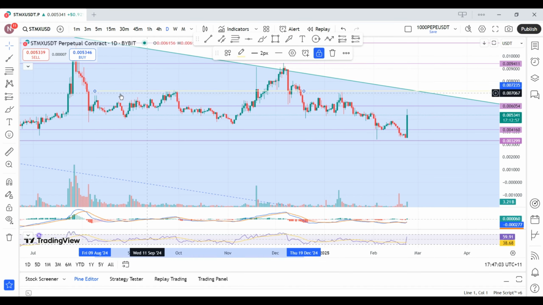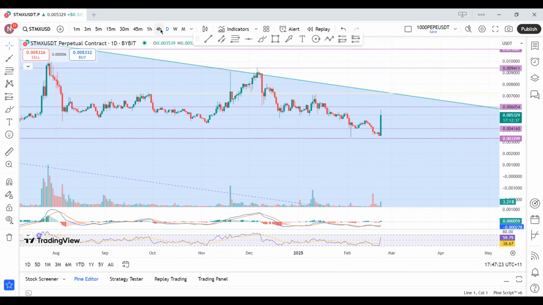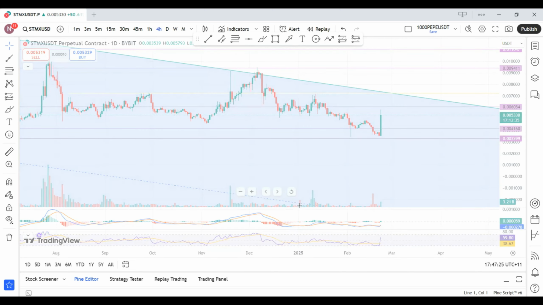Yep, so that's just one of the other resistance lines that I can draw. It reached around here and here as well. I believe the price could go up here, but I can't be sure. So I'm going to see if I can go on a lower time frame actually.